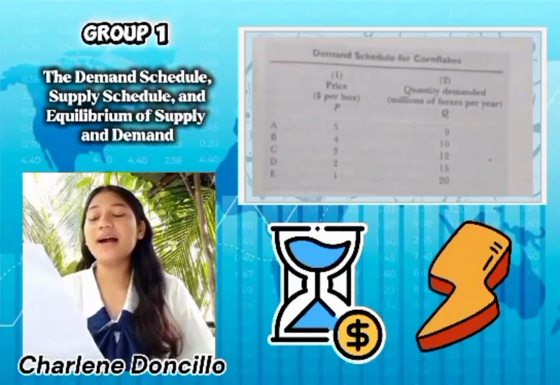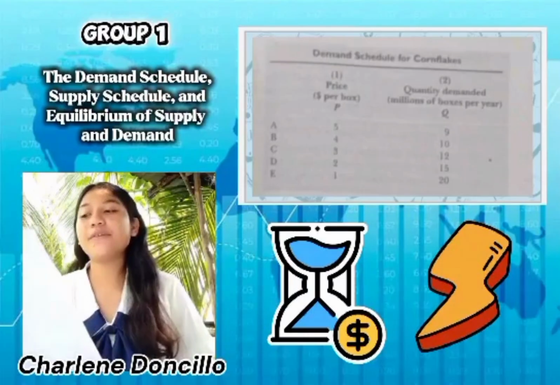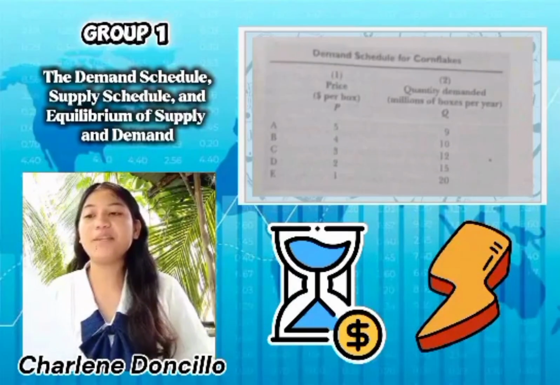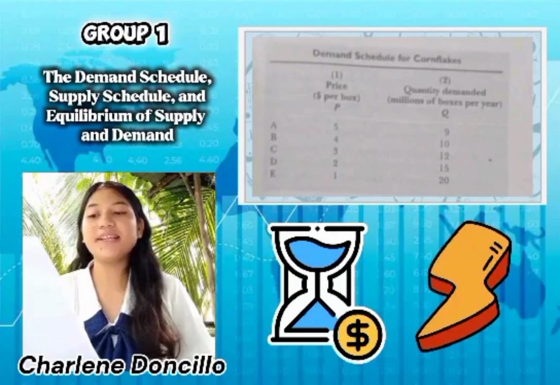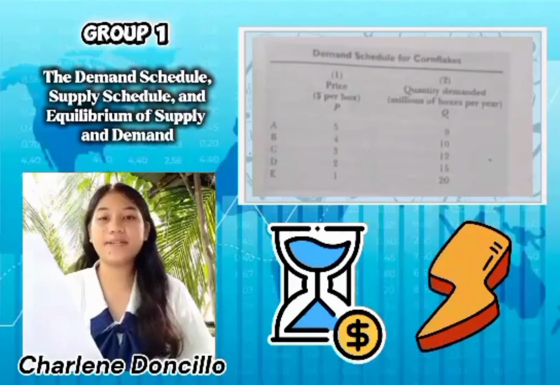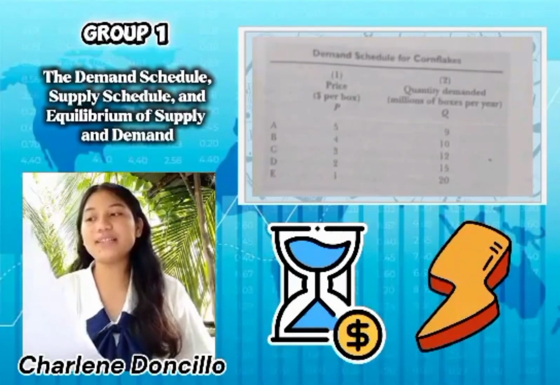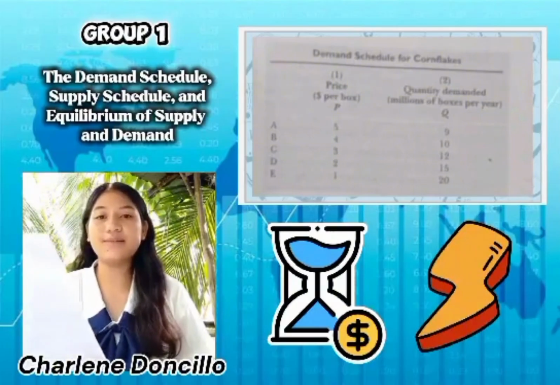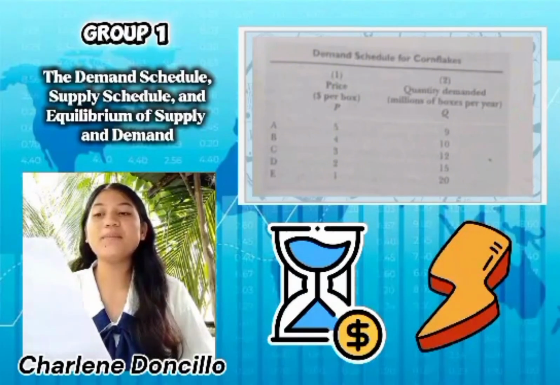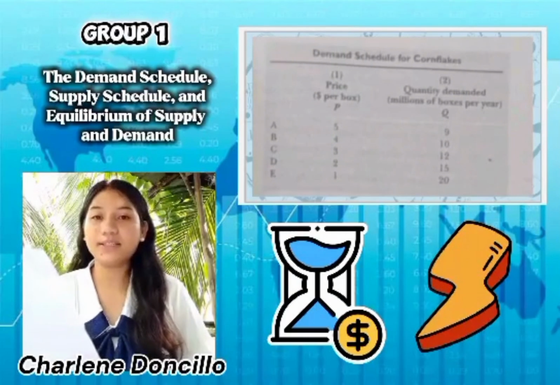So if the price of cornflakes is $5, the quantity demanded is 9 million boxes per year. If the price of cornflakes is $4, the quantity demanded is 10 million boxes per year.